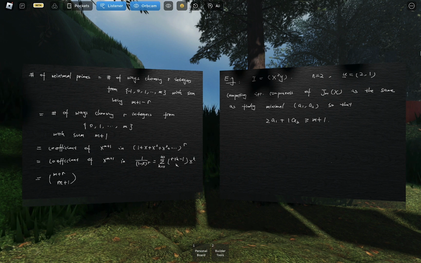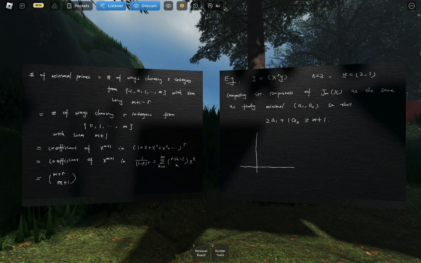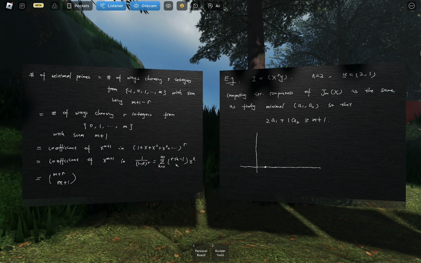Then we can draw this lattice. Right, now let's say for one jet, which is m equal to 1, this equation becomes 2A1 plus A2 greater than or equal to 2.